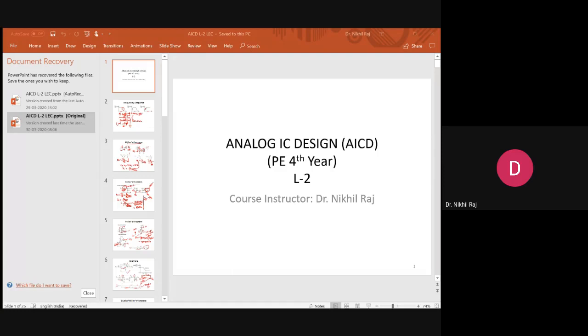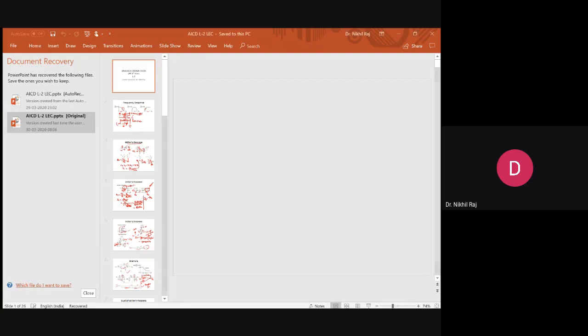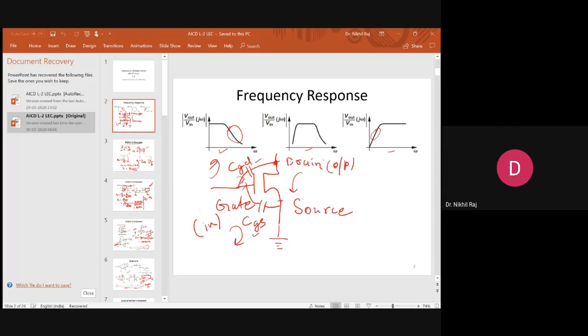It's the second slide not moving? So now in the frequency response characteristic, the drain.